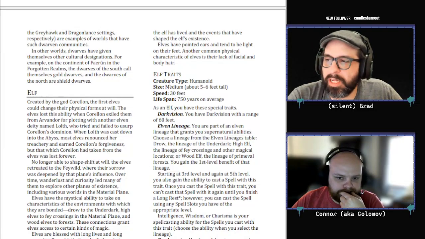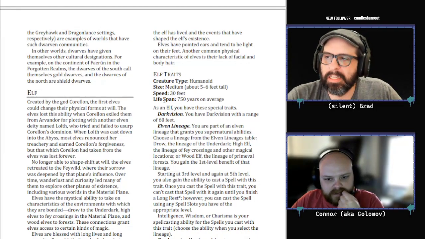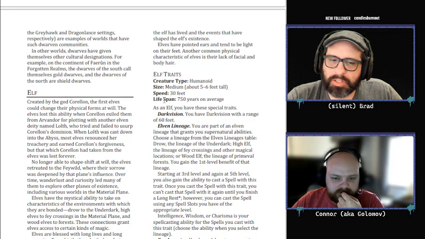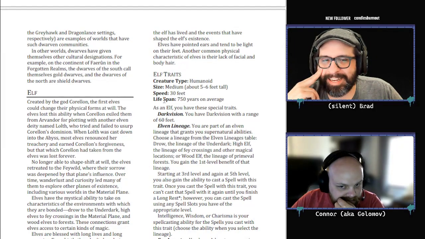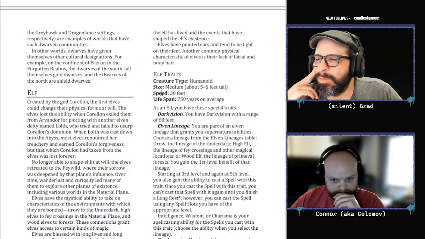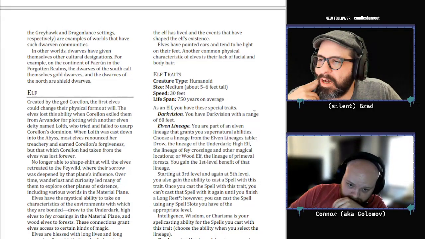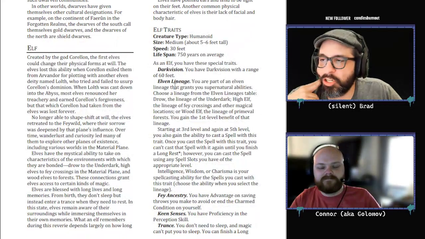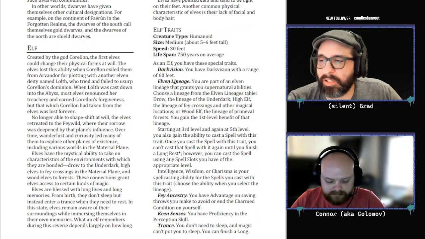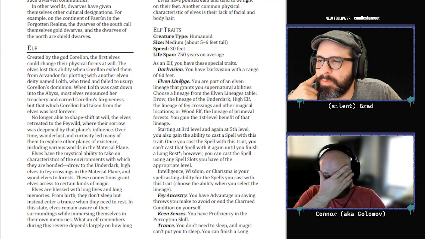So humanoid, again, medium, 5 to 6 feet tall, so they're shorter than average humans, but I think they should still have small. Speed 30 feet, lifespan 750. They get darkvision. They have the elven lineage, so lineage has basically taken the place of subrace.